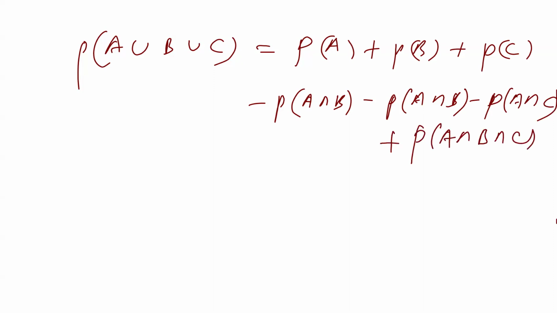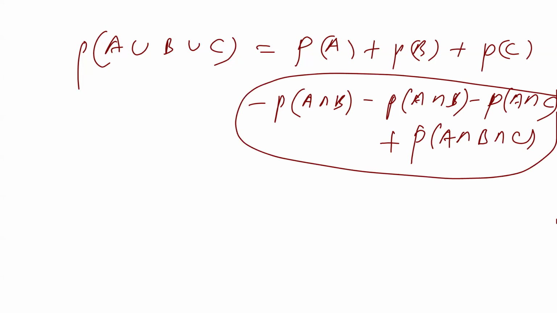And as it is, these are mutually exclusive events because only one can happen at a time. So this entire thing will be zero. So P of A union B union C is equal to 1 because one event has to occur and it must occur, right? So it is an exhaustive event.